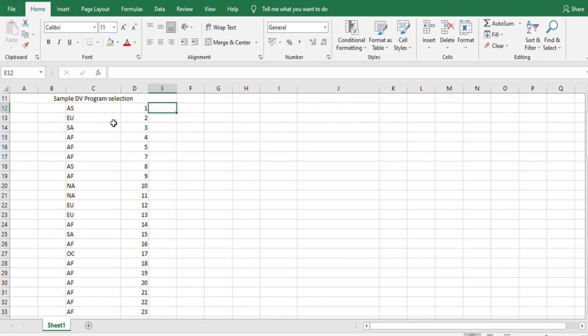Now, every selectee that is remaining will have to undergo the process of further checking. The photo qualities. Did the applicant submit the correct photo as required? Number 2, did the selectee submit more than one application?